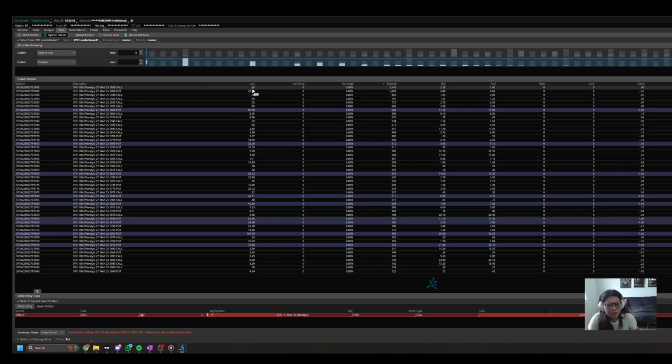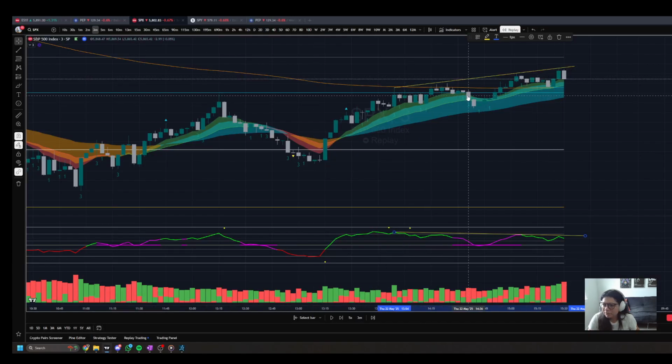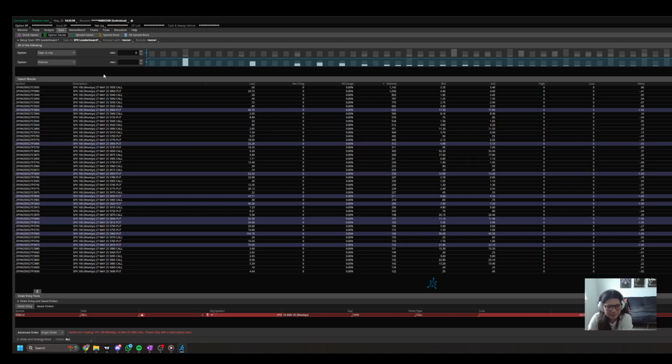For example, on Thursday we were kind of pumping, so all of these, like the 58.75, 58.60, 65, all those calls were in the money. So towards the end of the day, the market makers might want to shake those out. Let's say those were the highest here, and they're in the money. Basically, towards the end of the day, the market makers want to make those go to zero or lose premium value.